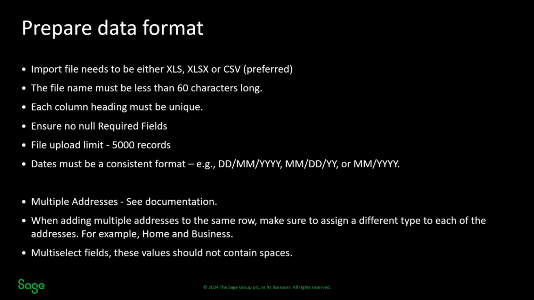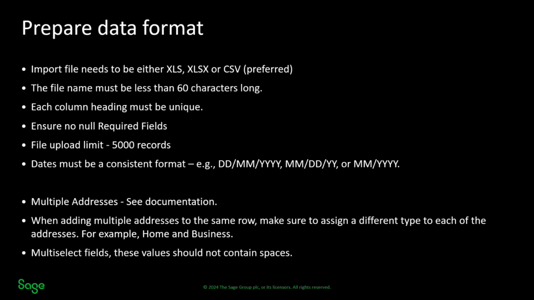This is to make it a consumable amount before an unnecessary timeout takes place. So process records in a reasonable amount, and if you are importing anything with a date, then the dates have to be in a consistent format across the entirety of the uploaded data.